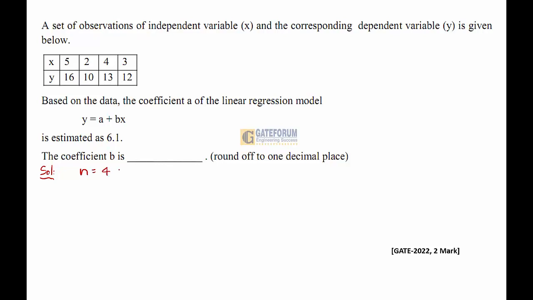Now the sum of all x values, summation x, 5 plus 2 plus 4 plus 3, is 14. The sum of all y values, 16 plus 10 plus 13 plus 12: 26, 39, 51. Now, method 1.